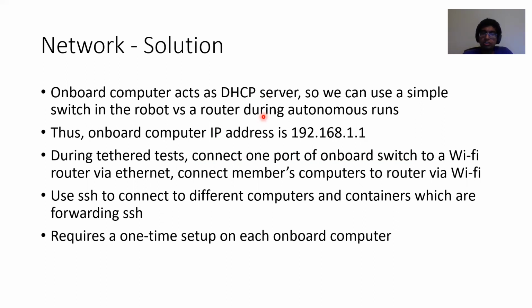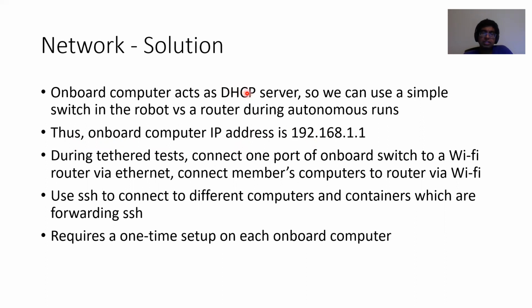And so this requires some one-time setup on the onboard computer, which is slightly annoying, that we do every time we purchase a new computer. And so by doing this DHCP server during an autonomous run, it can assign the IP address to the cameras and stuff, so that on the inside we can now use an Ethernet switch, which is very simple. We don't need to attach an entire router on the inside, which takes more power, much more complex, larger things like that. So Ethernet switch is much more simple.